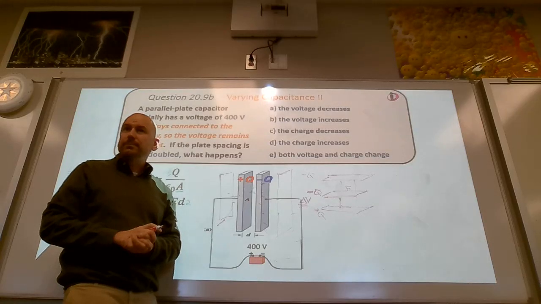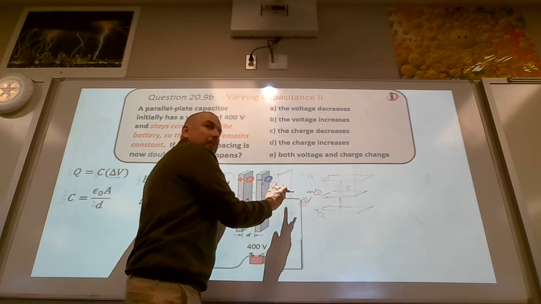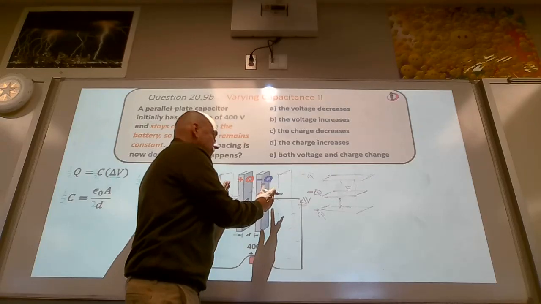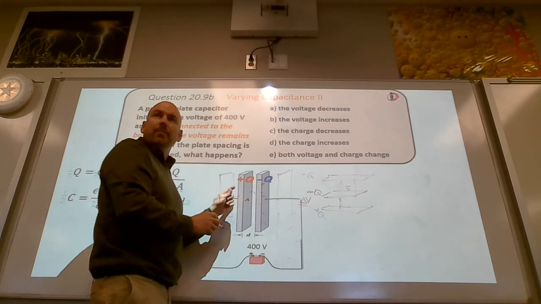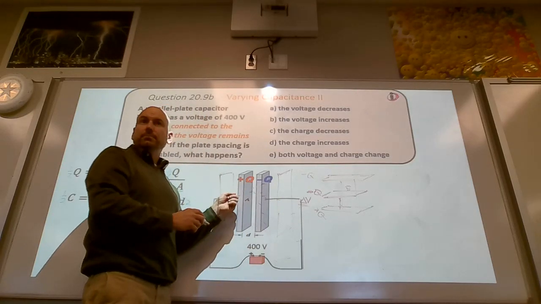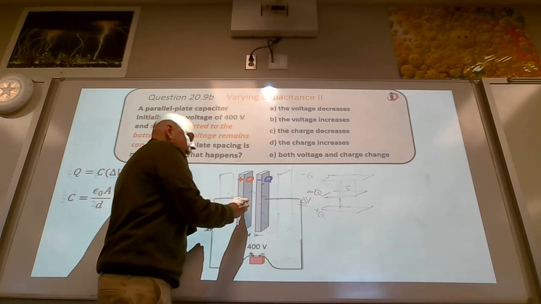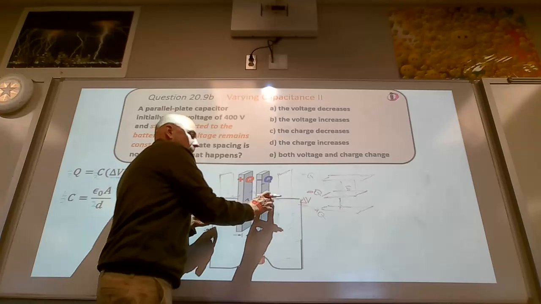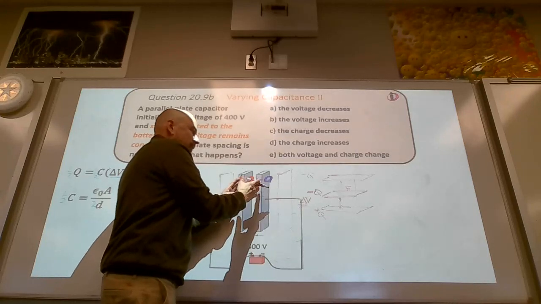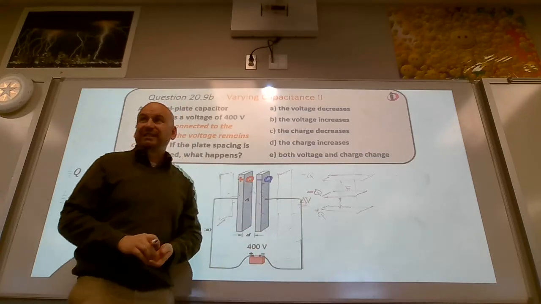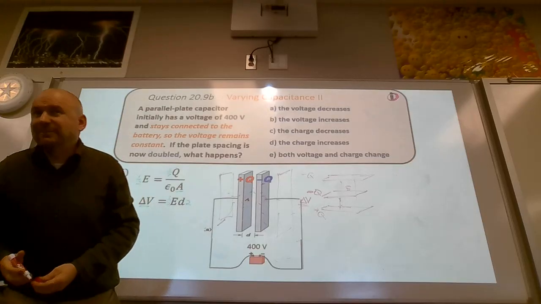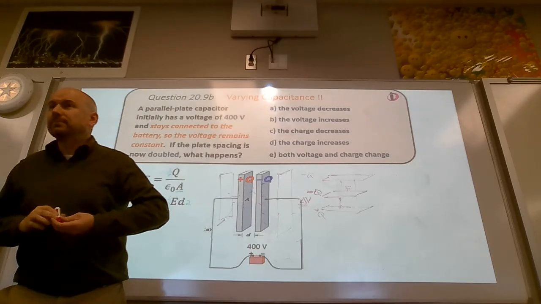Okay, as you pull these away, that force of repulsion weakens. So electrons are able to come back on here, and not as many are stored on here, so it decreases the charge. Wait, do the electrons just float away?